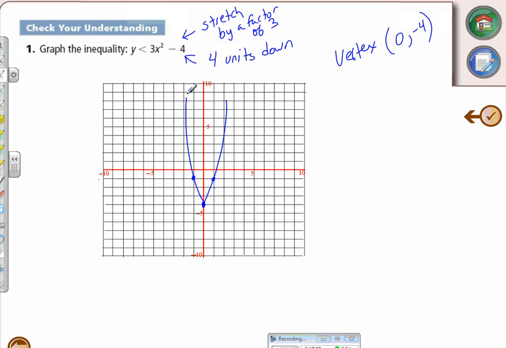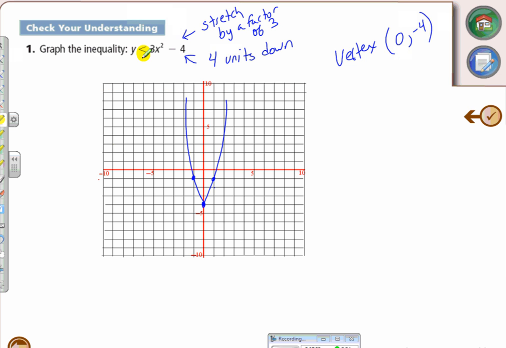Now we have to figure out which way to shade. It's saying shade less than, so below the line. What kind of line should I have? Did I want a solid line or a dotted line?